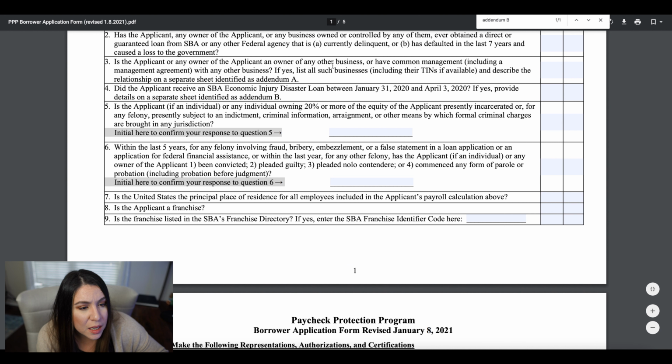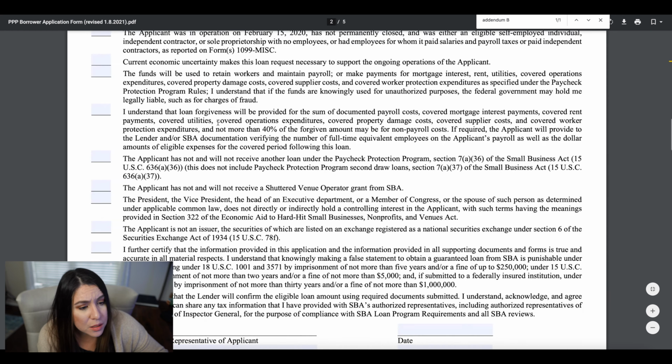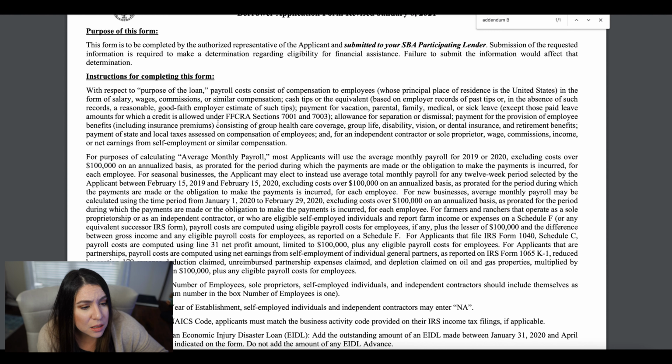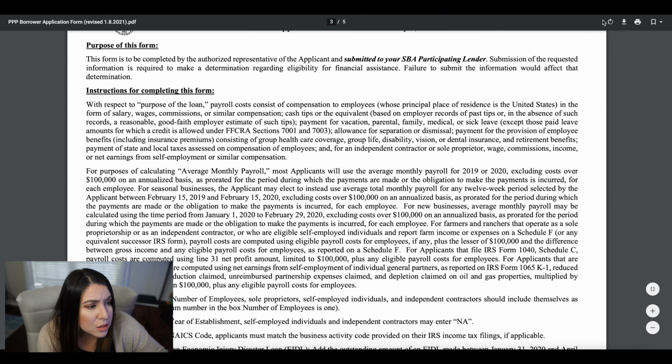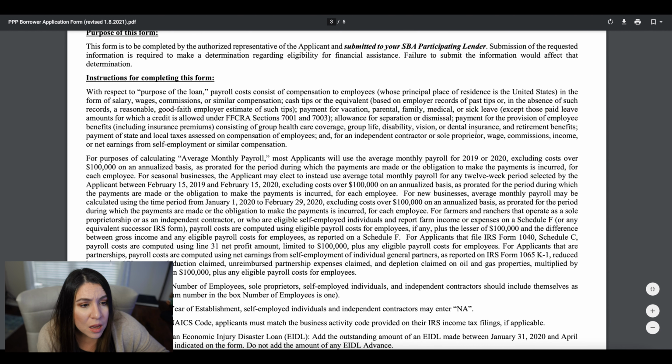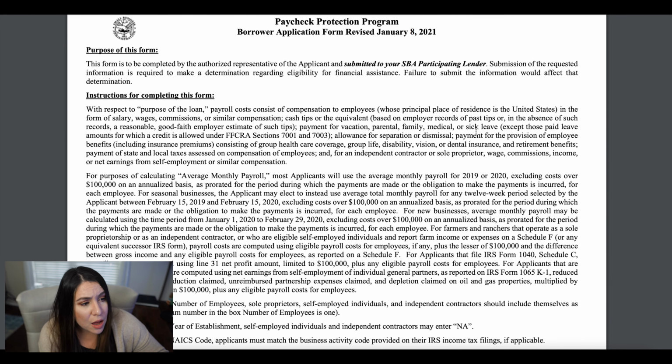So number 4, they're saying, did you receive an economic injury disaster loan? And then they want you to provide details, but they don't state what details they want. So I wonder if there's guidance on that. Because I just looked for it and I don't see it. All right, so I'm going to look out for that.